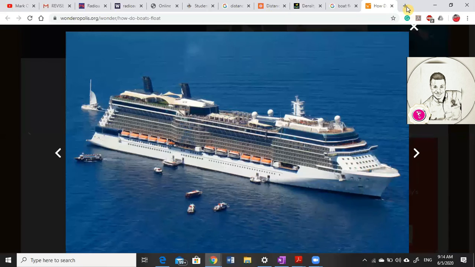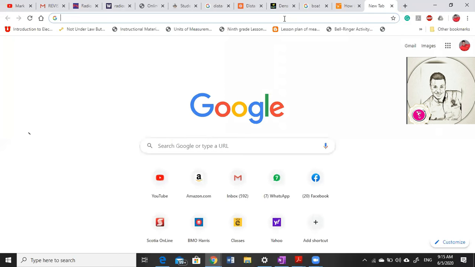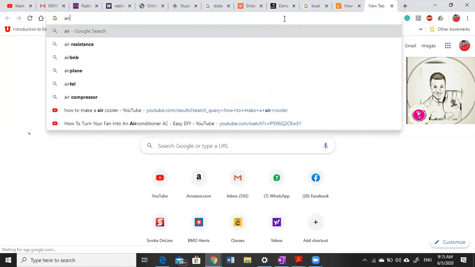So they have this air system at the bottom of the boat, and it helps with the floating mechanism for the boat to float on top of the water and not sink. Nice. That's a good point you have raised. I like that point. So you're actually learning some stuff.